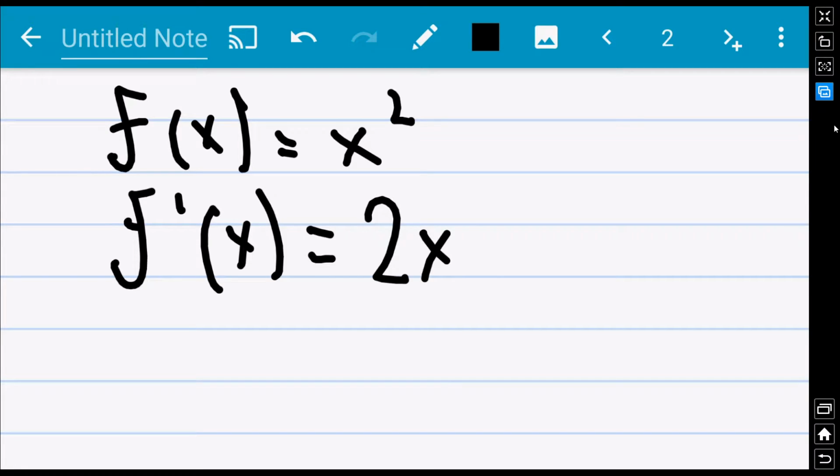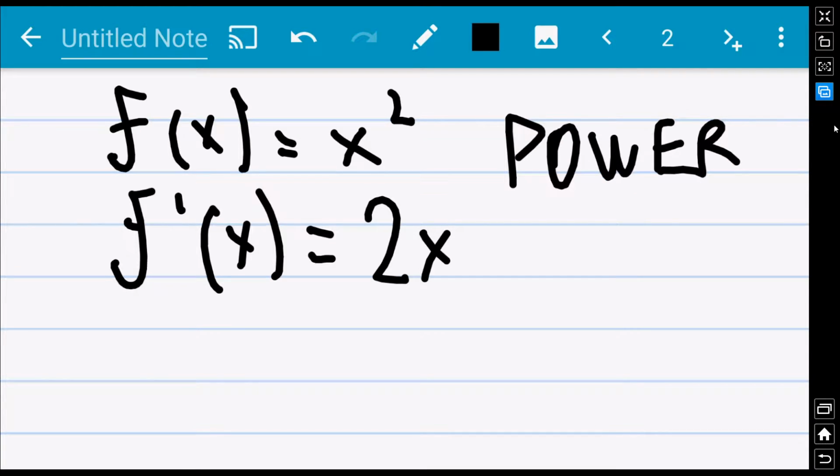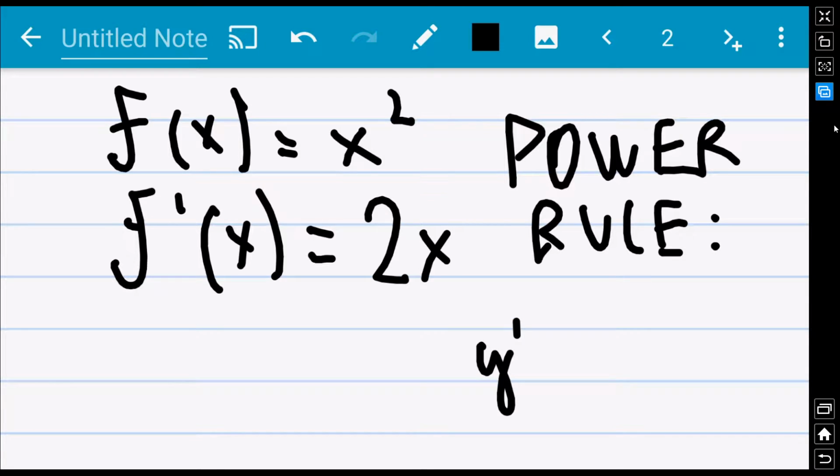Well, the general formula for the power rule is the derivative, so y prime is equal to x to the k, where k is a constant.